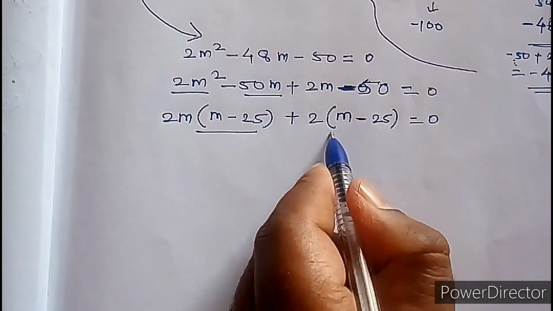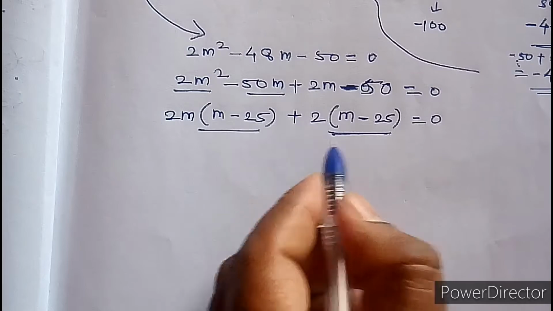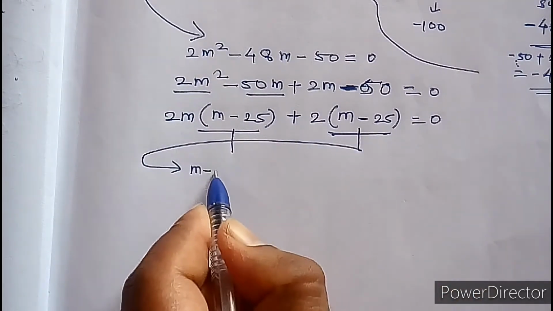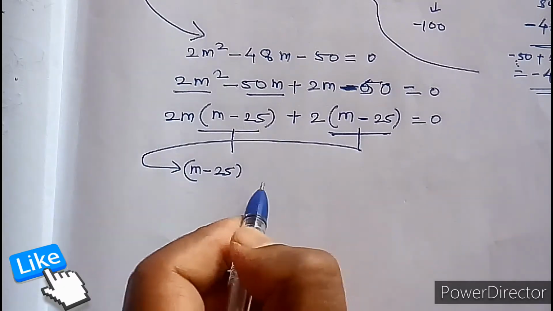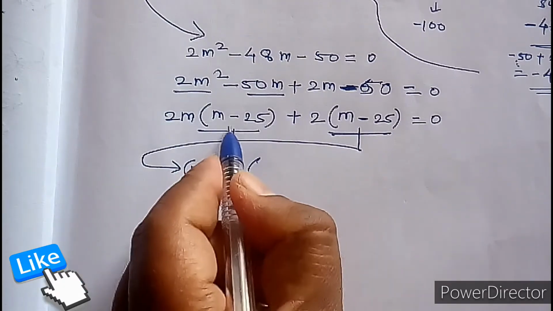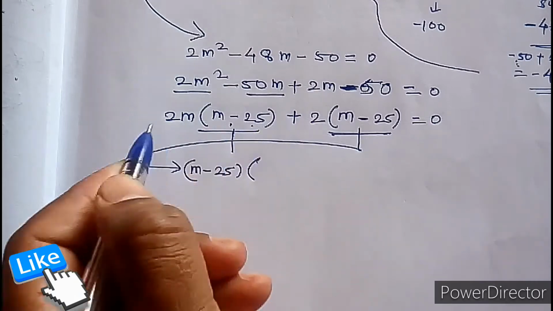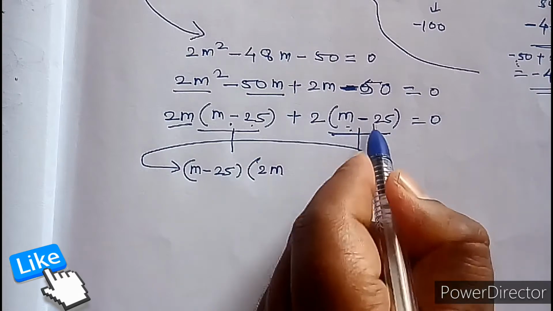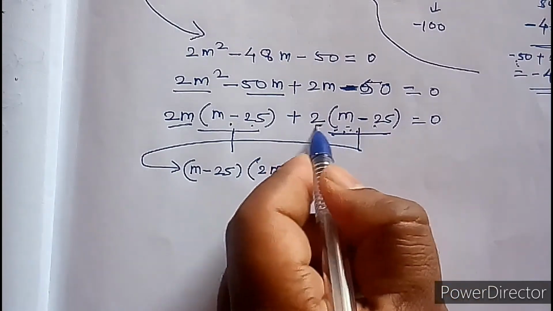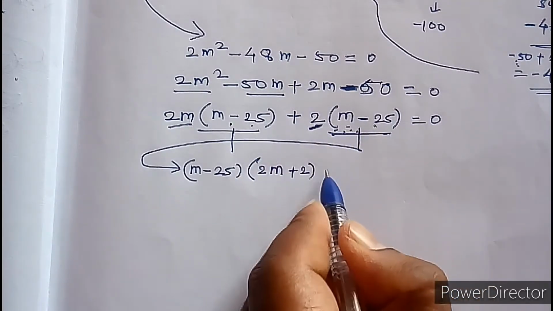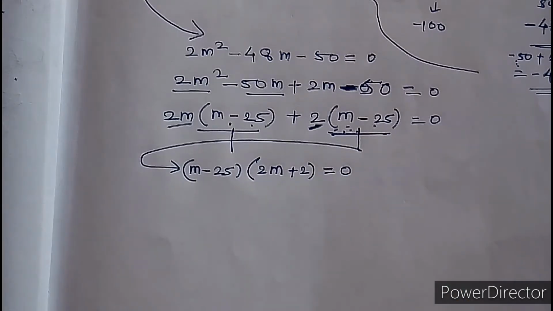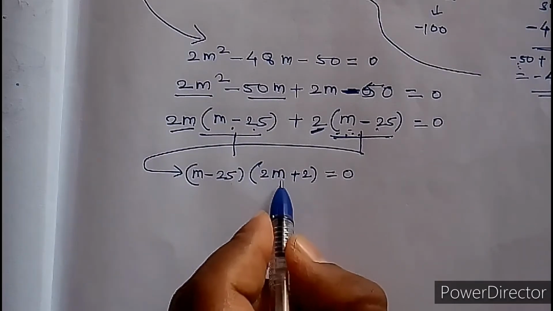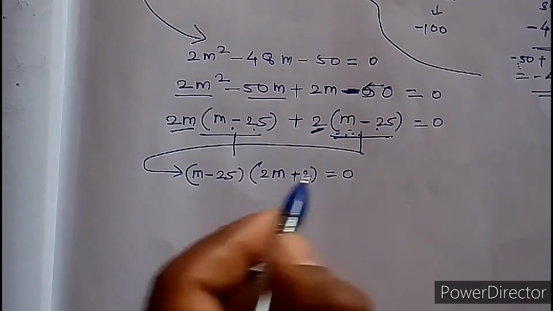Now when we observe this equation, we see that this m minus 25 is common. Therefore we take this m minus 25 common outside in bracket. When we choose m minus 25 outside, here remains only 2m, and here only remains plus 2, equals 0. Now we get the equation in the form (m minus 25) into (2m plus 2) equals 0.